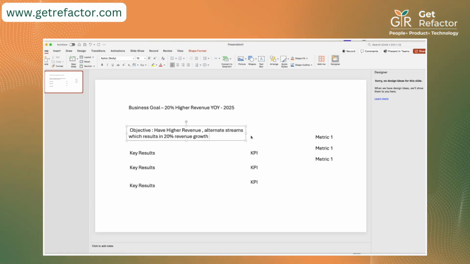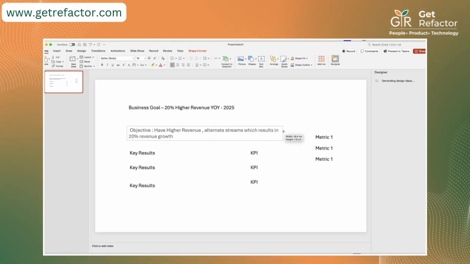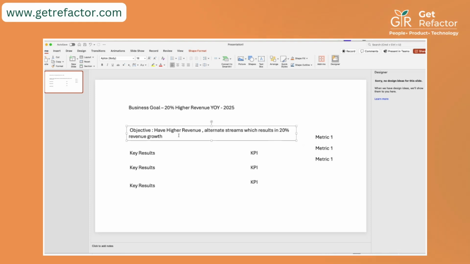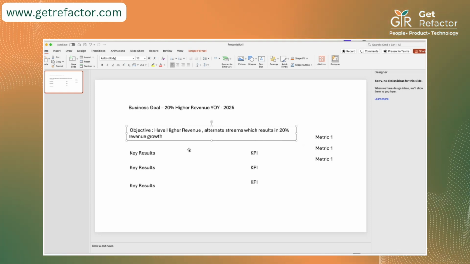Okay. So suppose this is the objective that we have. So have higher revenue from alternate streams, which results in 20% higher revenue growth. So then you have key results.